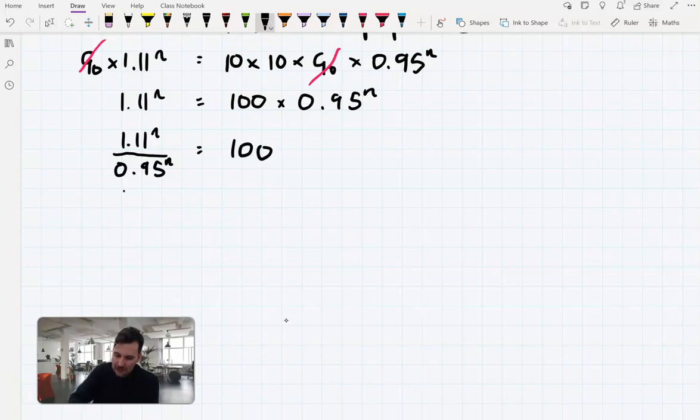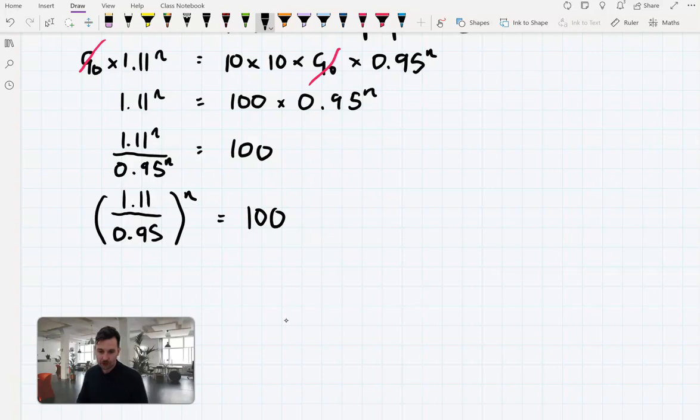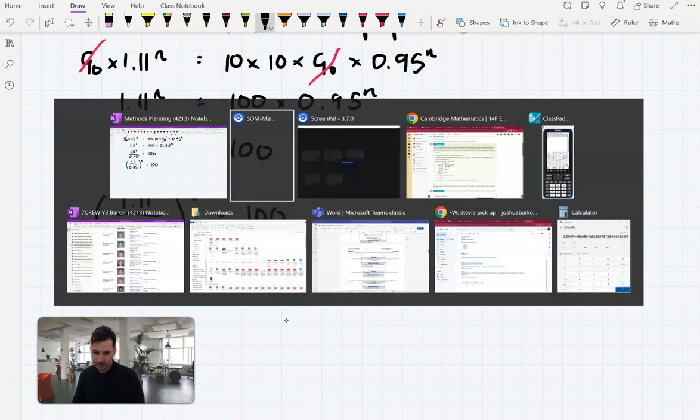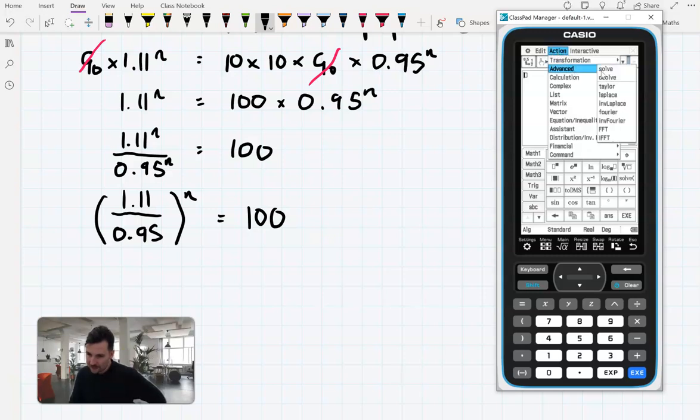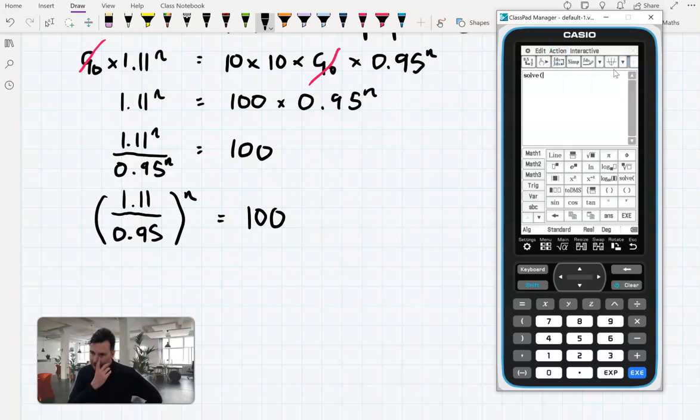And just to reduce the amount of times I have to put a variable into my ClassPad, I'm going to use my index laws to pull out that to the power n. Because it's being applied to the numerator and the denominator, I'll just apply it to the whole bracket instead. And all of that is equal to 100. Okay, now time to get your ClassPads available. And let's pop that one in there. So we are going to hit Action, Advanced, Solve, and now we're going to tell the ClassPad what we want it to solve for.